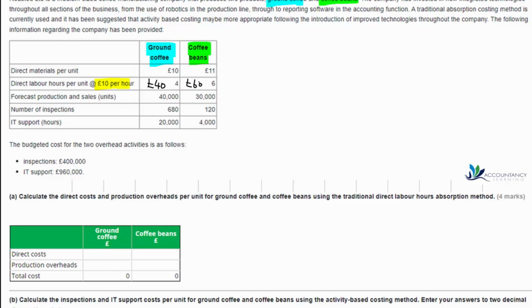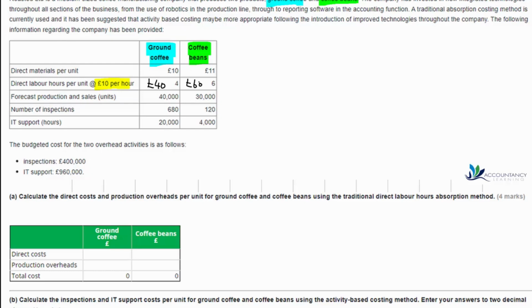And then based on their new processes, we can also find out that we've got some inspections. So we've got 680 inspections for the ground coffee, and there are fewer inspections, only 120 for the coffee beans. And then the IT support, so lots of IT support for the ground coffee, as we can imagine, because there's a process of grinding the coffee, isn't there? So we need more robotic time and more IT support.